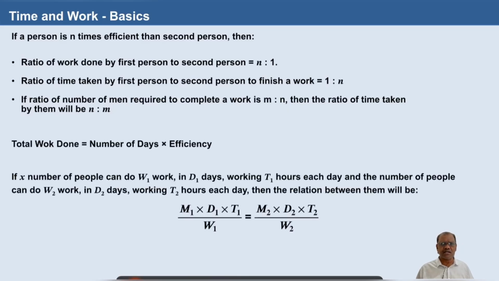So number of men and the time taken by them is inversely proportional. Total work is equal to number of days into efficiency. Efficiency is nothing but the rate of doing the work.